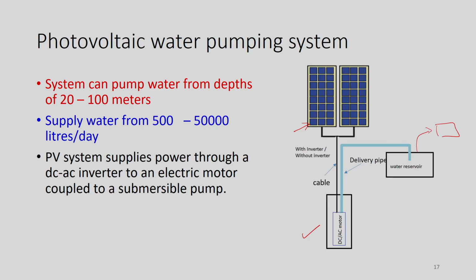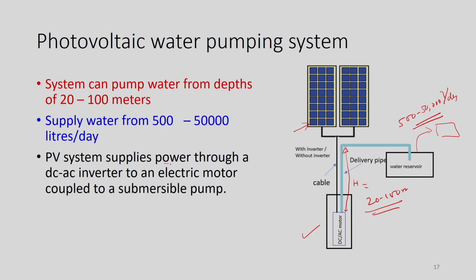So, this kind of systems, we can go up to a depth of 20 to 100 meter. Okay. So, this depth we can go from this head maybe 20 to 100 meter. Okay. And this kind of system can supply water from 500 to 50,000 liter per day. Okay. So, that much of water can be lifted. Okay.